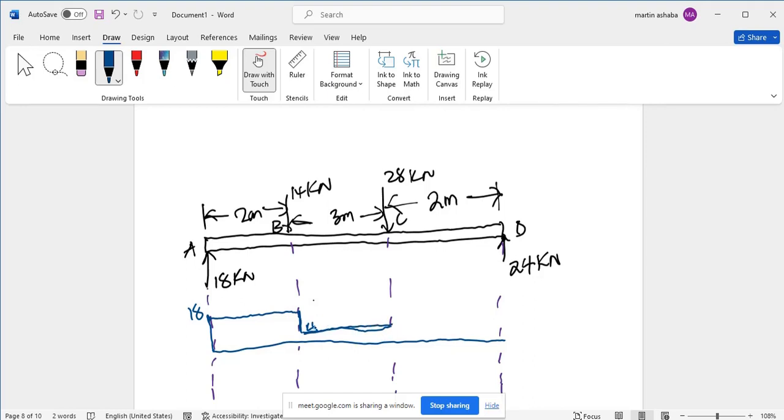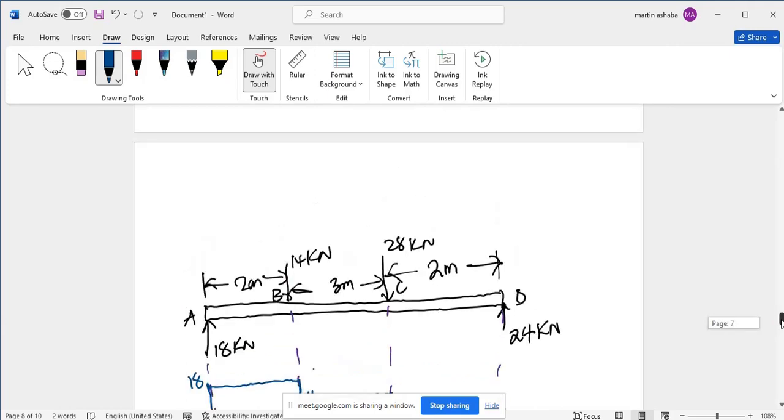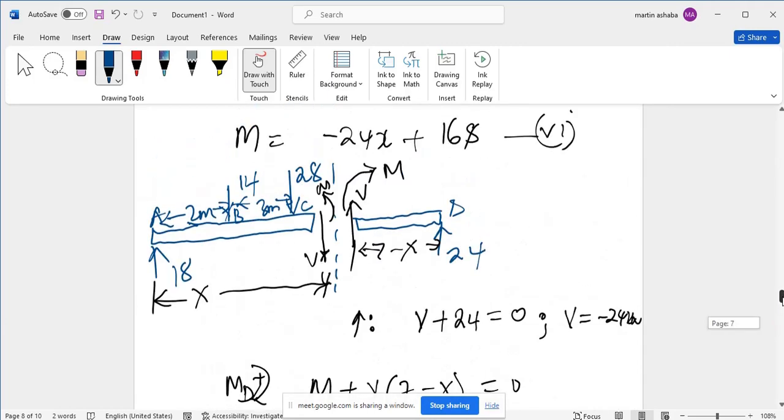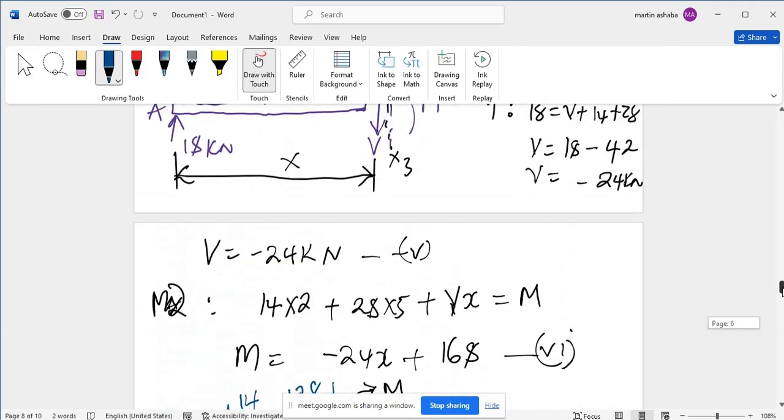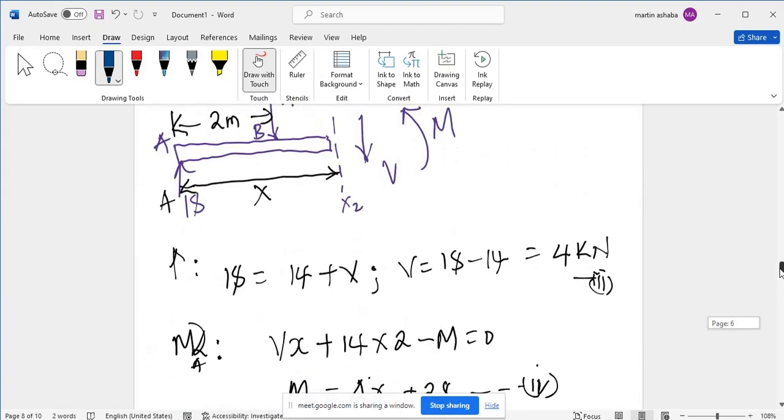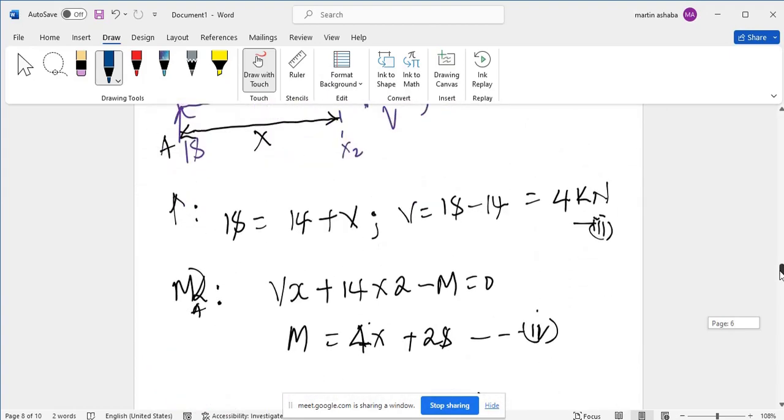This is 4, and I'm going to move from point B to C. When I reach C, you know why it is 4? Because when you go to segment BC, you find that the shear force is 4.